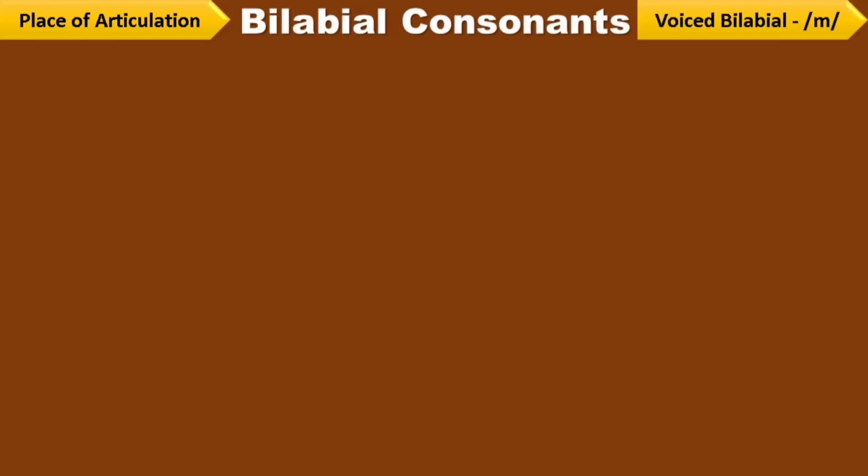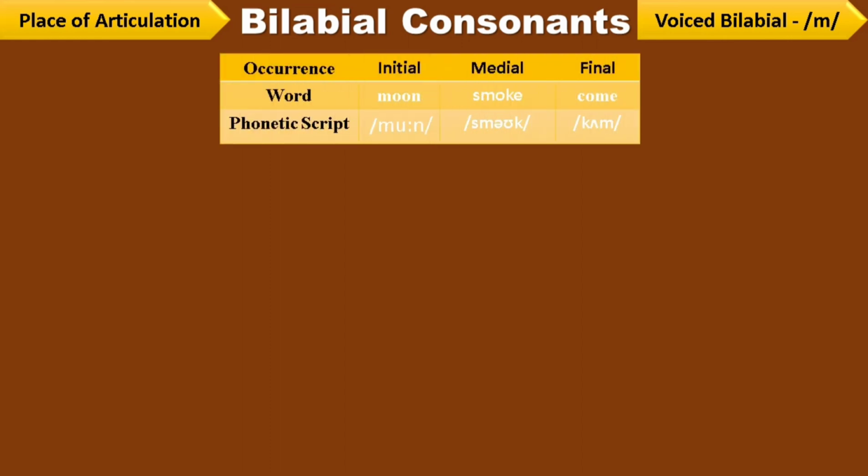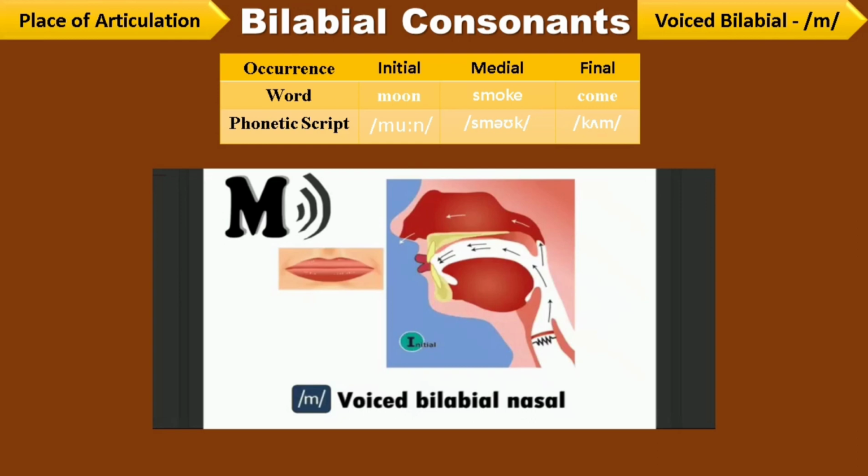Next, we can see the bilabial consonant m. It is also a voiced bilabial consonant, but it is a nasal consonant. We could see that the lips are not moving, but they are close together, so the air cannot pass through the oral cavity.